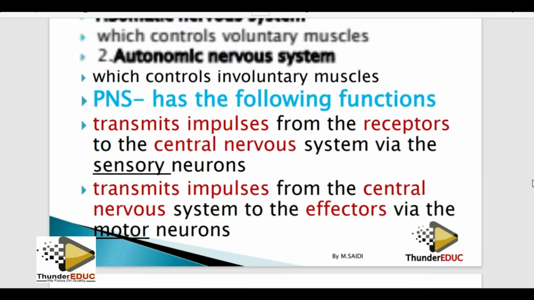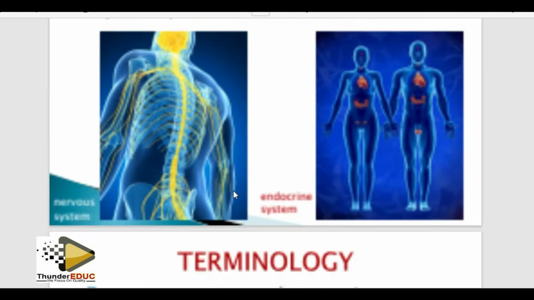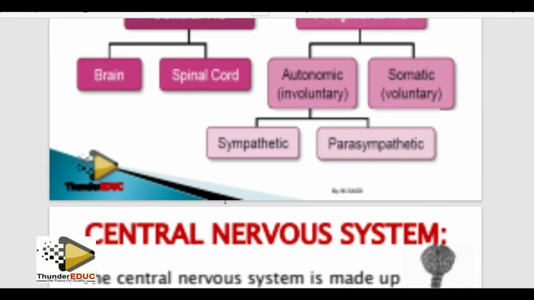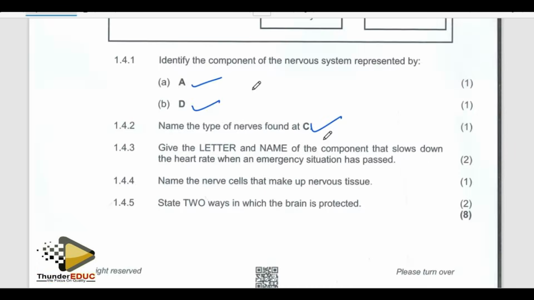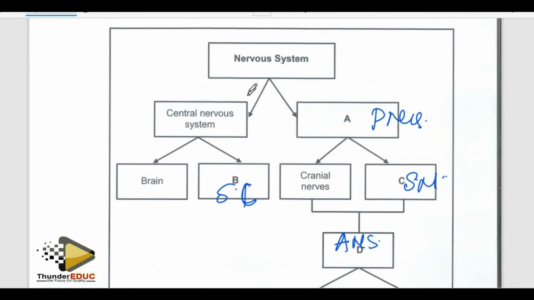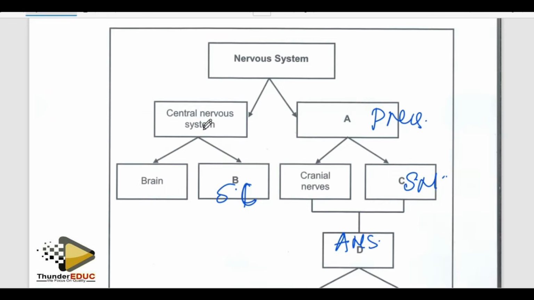So what I'm explaining here is in this diagram. Simple. That's what they're asking. They brought this diagram exactly how you check. Nervous system, central nervous system: brain, spinal cord.